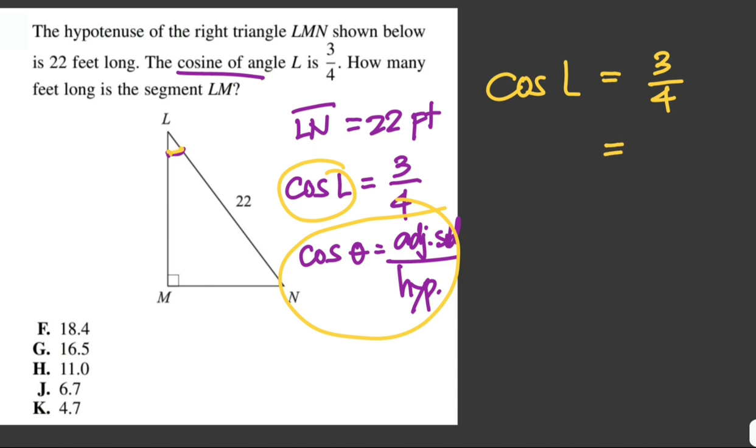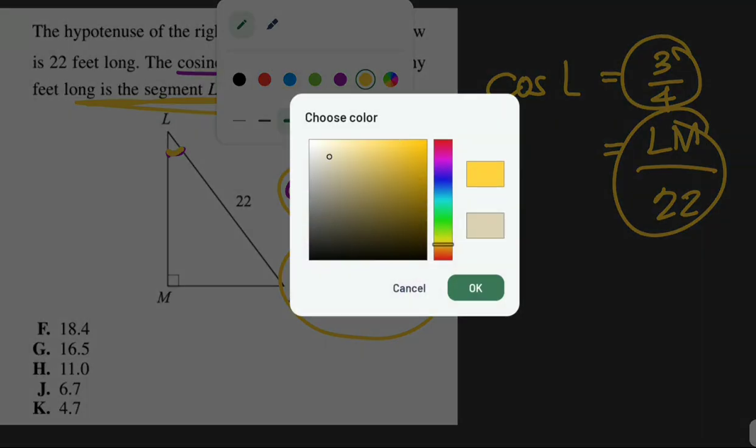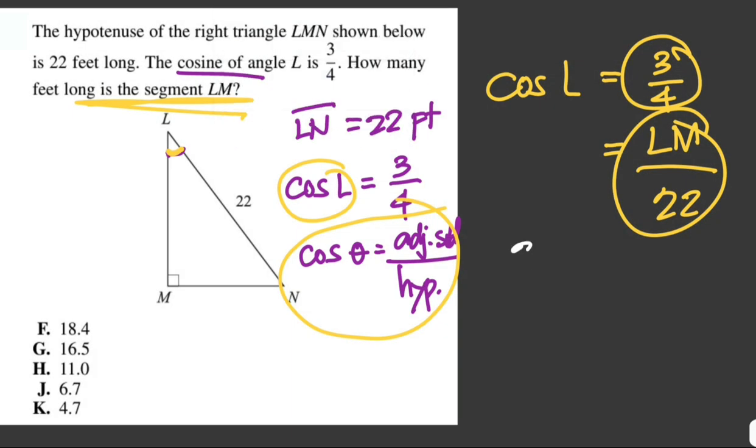The adjacent side of angle L is LM, which is the unknown of the problem because we are asked for the length of segment LM. So that is LM over the hypotenuse, which is 22. And then we can equate these: 3/4 equals LM over 22.